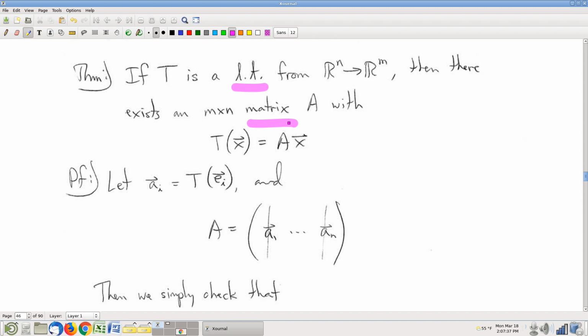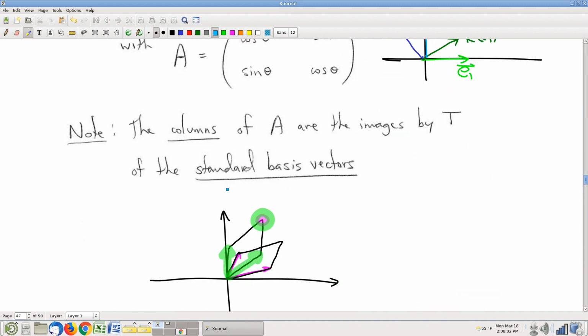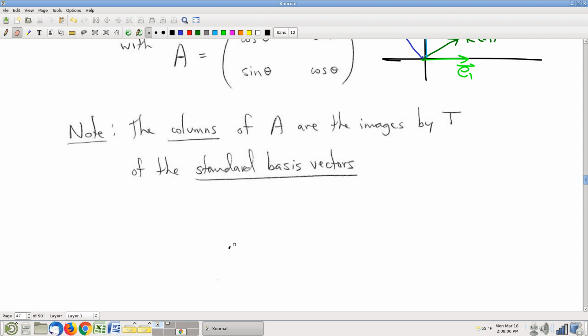The way they relate, the way this bijection works, is that the columns of the matrix are the images of the standard basis vectors. That's what this equation says right here. The columns are the images of the standard basis vectors. So I have that written down over here. This applies for all linear transformations from Rn to Rm.